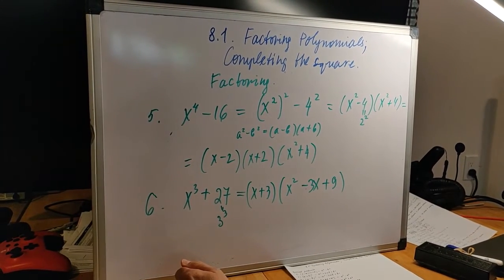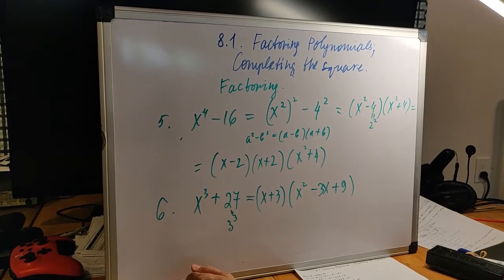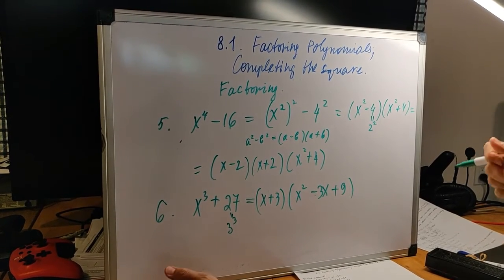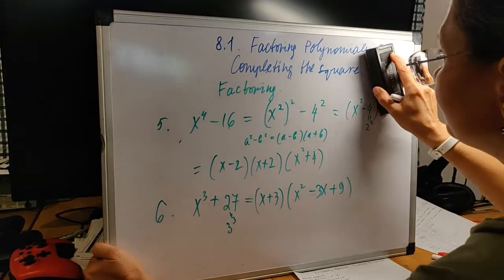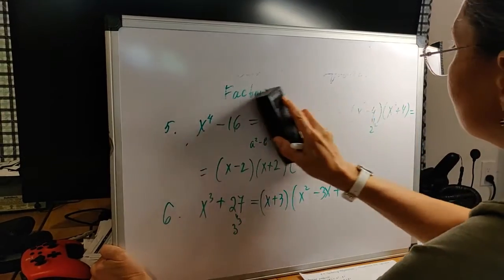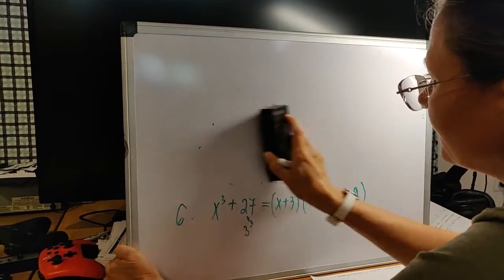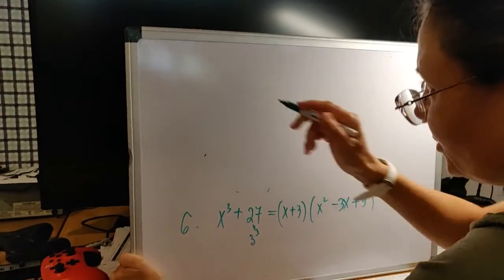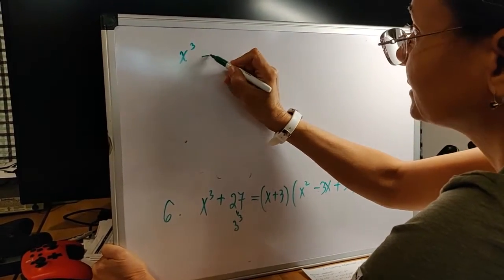The last one, what I want to factor is the cube of some binomial. And I think maybe I should erase the name of the section and first example. Let me do it. Imagine somebody gives you a polynomial looking like this.